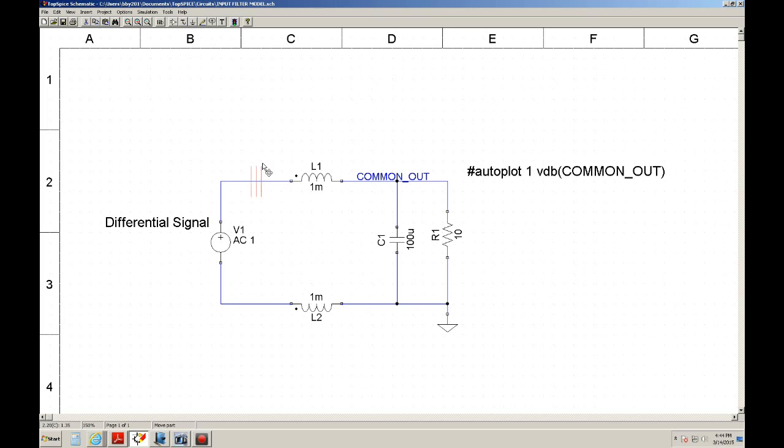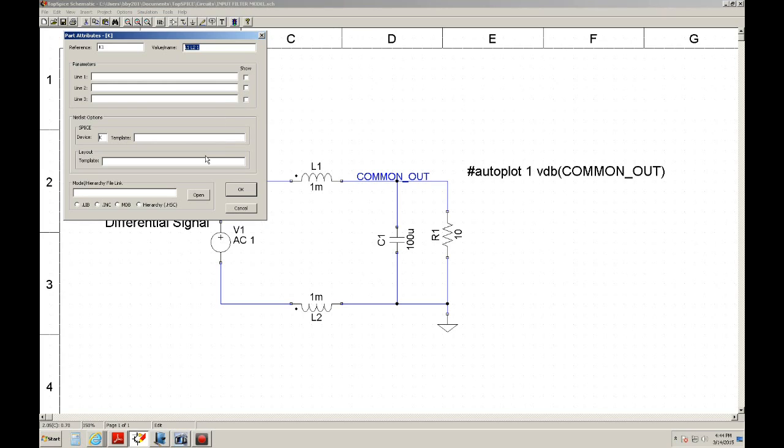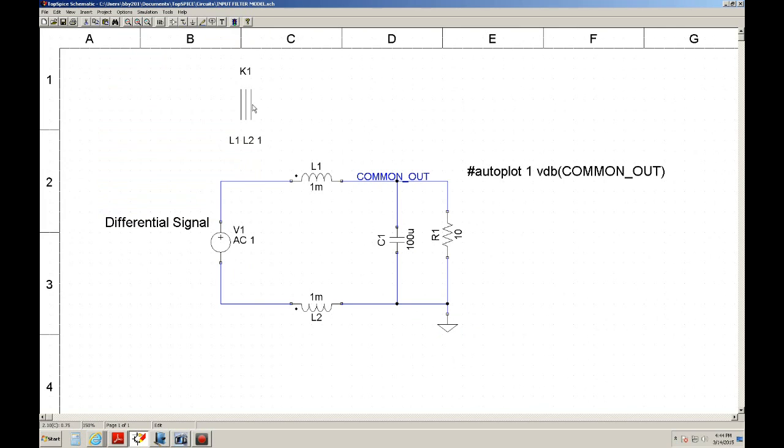This is the K element that defines that L1 and L2 are coupled, and this last one means the coupling coefficient. We will assume that it's 100%, so we will put a 1, basically saying that they're tightly coupled. It's a perfect inductor.